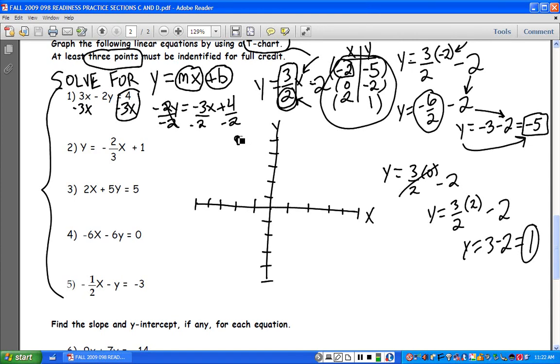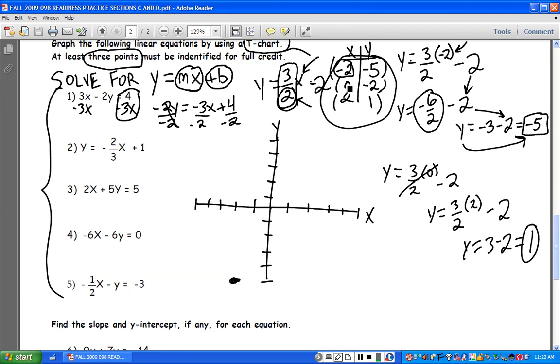Oops, excuse me, it's a negative 5. Scratch that. Should go down instead of up. So from the origin, I went left 2, then I went down 5. So here's my first point.